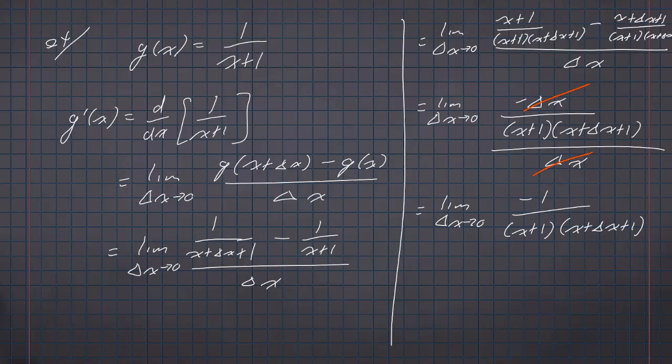And now that we're no longer dividing by delta x, we can plug in what happens when delta x is equal to 0. And we get -1 over x plus 1 times x plus 1, which is -1 over x plus 1, the whole thing squared.